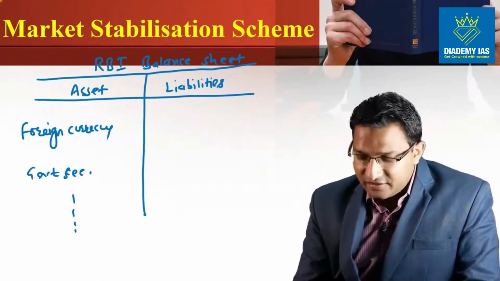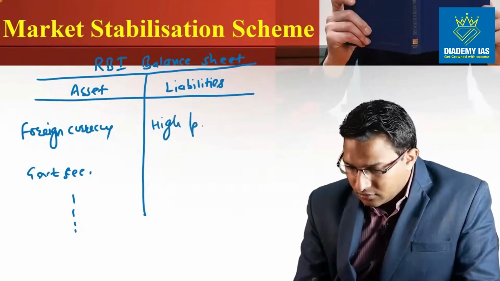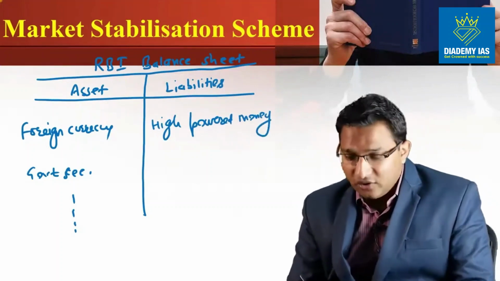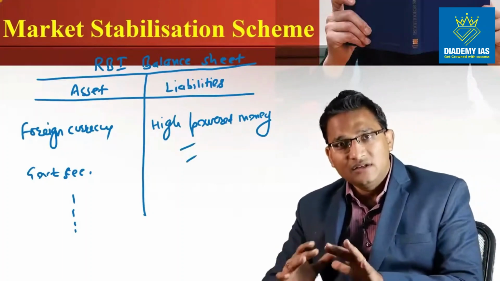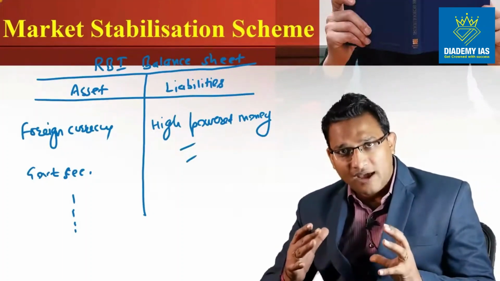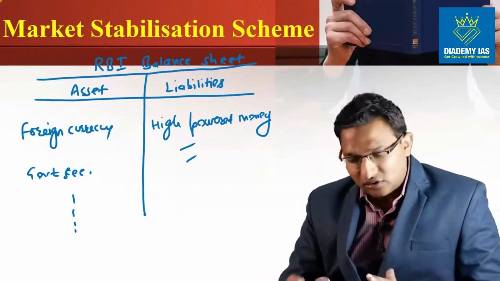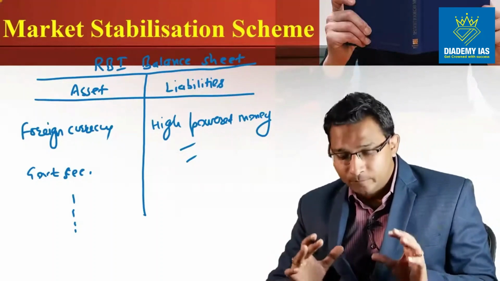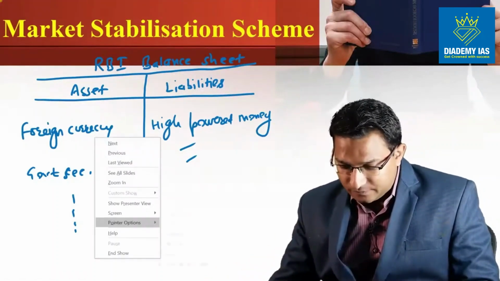On the liability side, we have high powered money in the form of notes, in the form of coins, right? We have already seen this RBI balance sheet when we started the discussion of money. So there is no doubt about this balance sheet. I am sure that you remember this balance sheet, right? Now, how the transaction happens, let me show you.